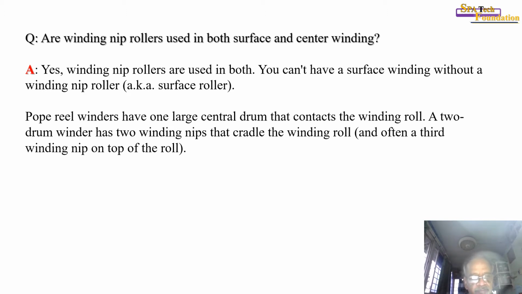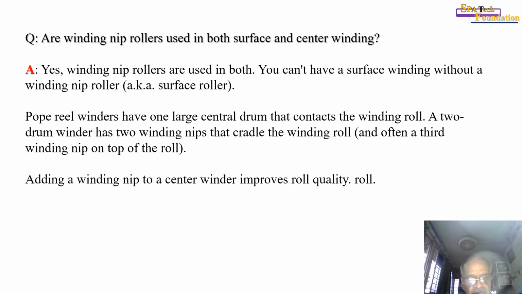A two-drum winder has two winding nips that cradle the winding roll and often a third winding nip on top of the roll. Adding a winding nip to a central winder improves the roll quality.